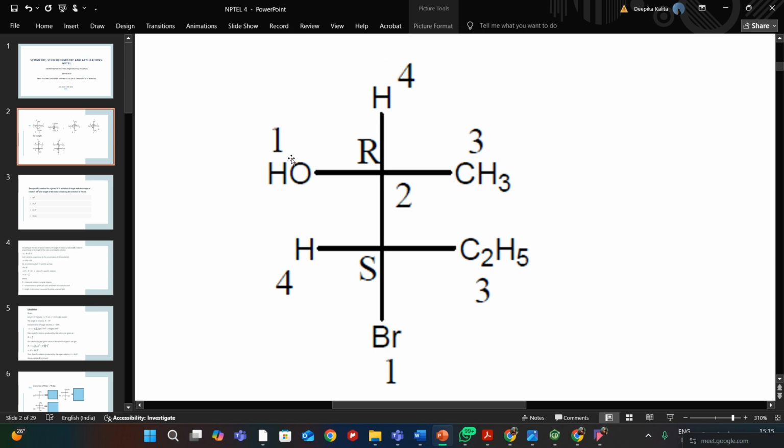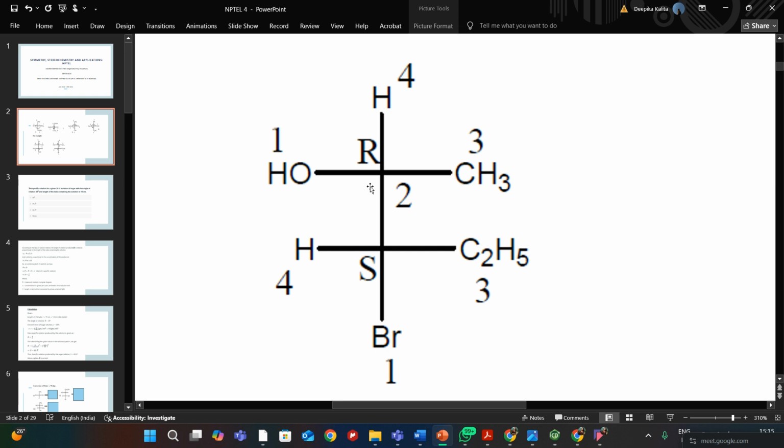Hence, we will move from 1 to 2 to 3, and it will go as 1, 2, 3. Okay, so it is going in anti-clockwise direction.